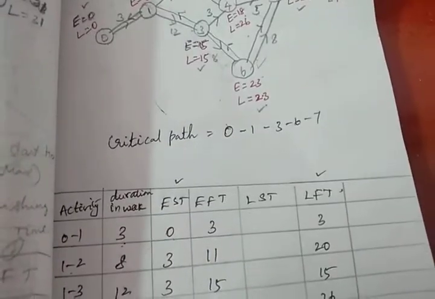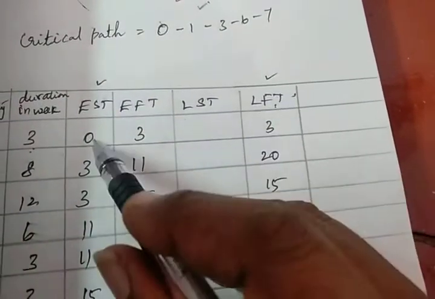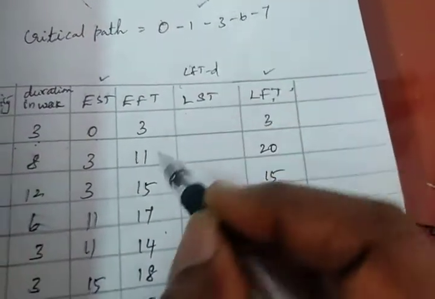31. Now moving on to the latest starting time. For latest starting time, it is latest finishing time minus duration.